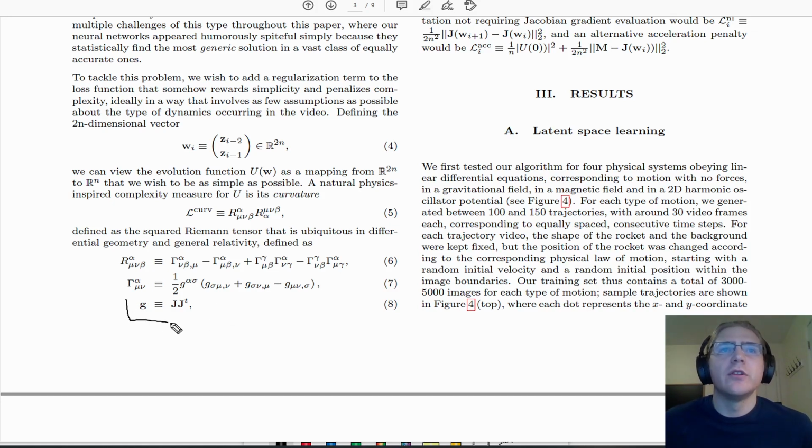Since we can actually build a metric out of the Jacobian, because a metric, it's not the metric itself really, it's these gamma matrices. They tell you how, when you take a derivative of something on a curved surface, you have to account for the directions changing.